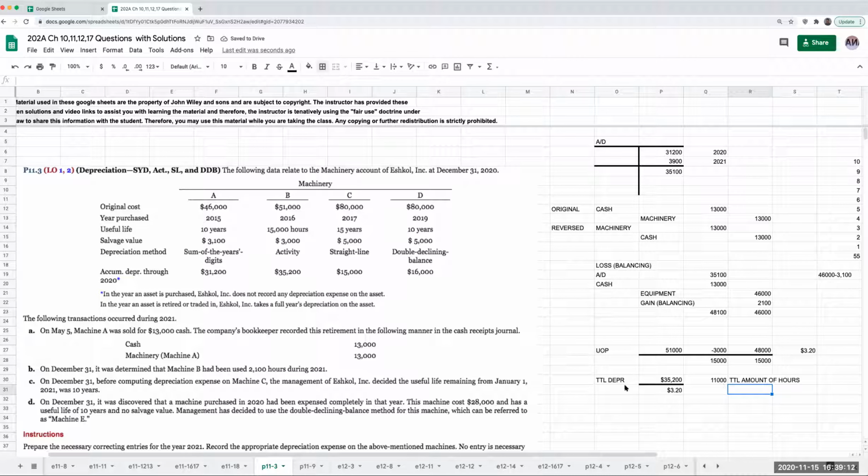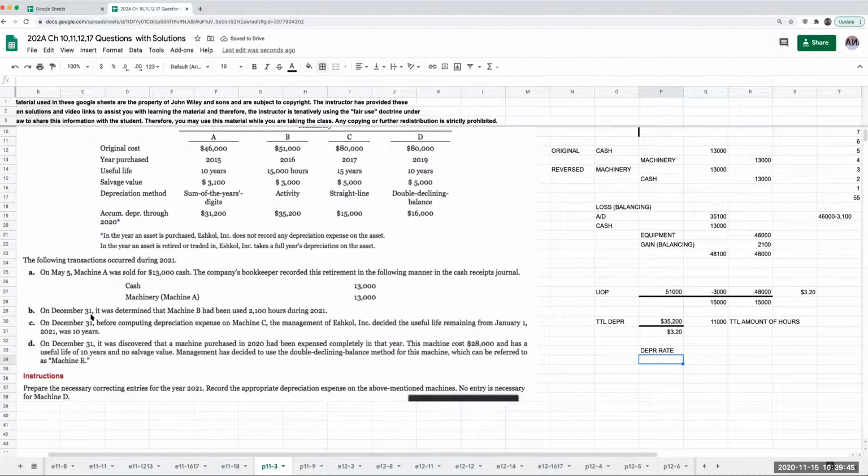The reason this is important is that if I use it for 2,100 hours, I'm fine because I can go up to 15,000. But if I went, say, 6,000 hours, I'd have to stop at 4,000 because I can never go beyond this or I'm going to hit into the salvage value. So right over here, I take my depreciation rate.